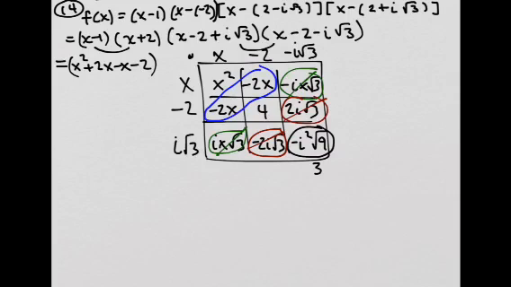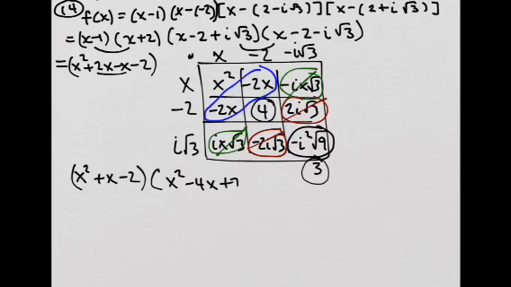Let me simplify it first, sorry. So 2 minus x is x, and then from this grid I get x squared minus 4x, and then 4 plus 3, 7.